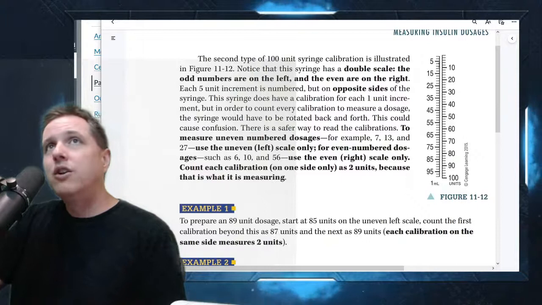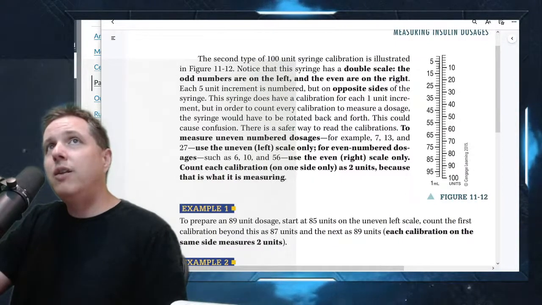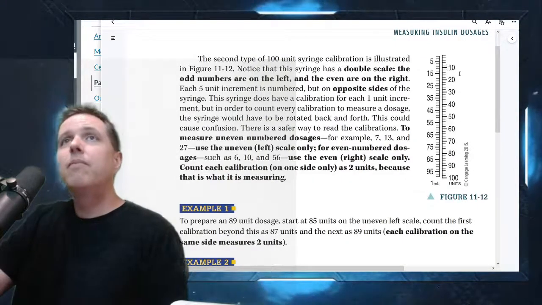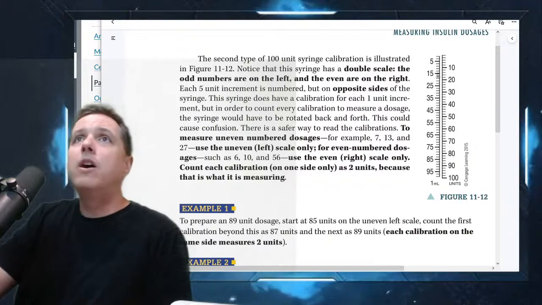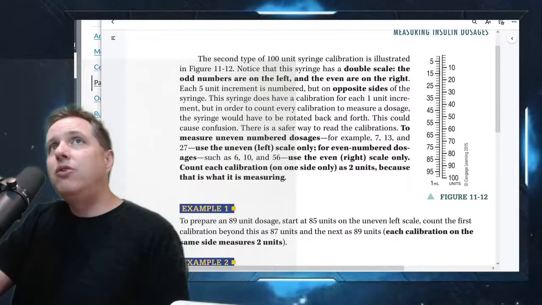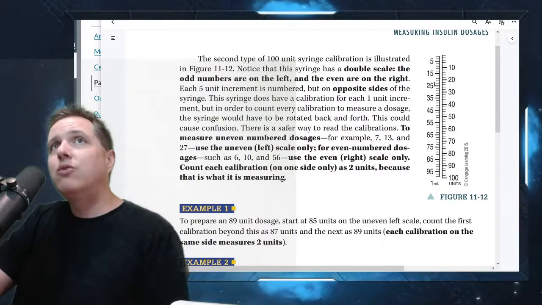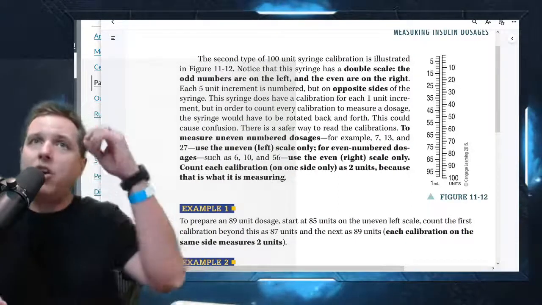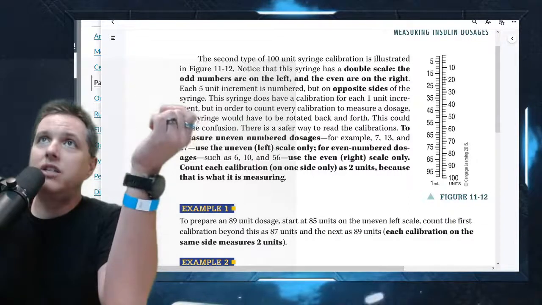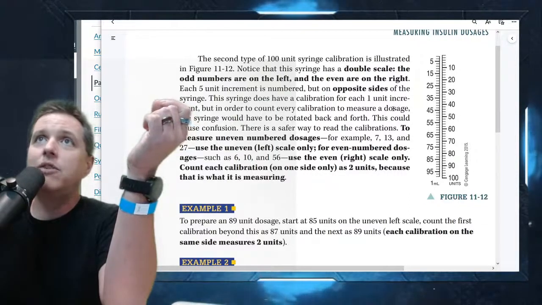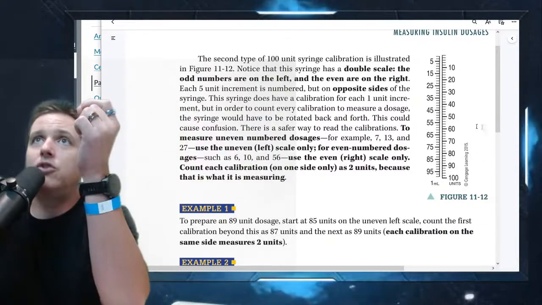So if you have to give 17, then you'd go to 15 and go one more because that gets you to your 17. And then you can see they go 19, 21, 23, 25. So it's consistent. If you have an odd numbered dosage, you'd use the scale on the left. An even numbered dosage, you'd use the one on the right.